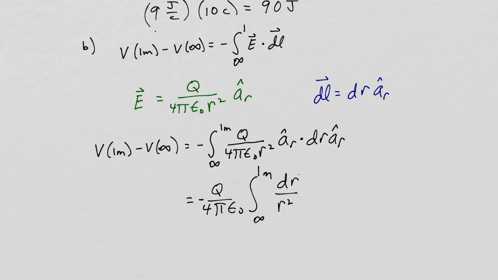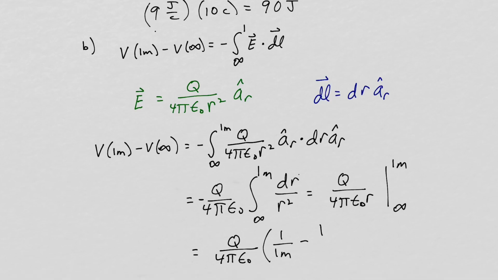And when we integrate that, we'll get Q over 4 pi epsilon sub 0 r evaluated between 1 meter and infinity. So we'll end up with Q over 4 pi epsilon sub 0 times 1 over 1 meter minus 1 over infinity, which will be Q over 4 pi epsilon sub 0 times 1 meter.